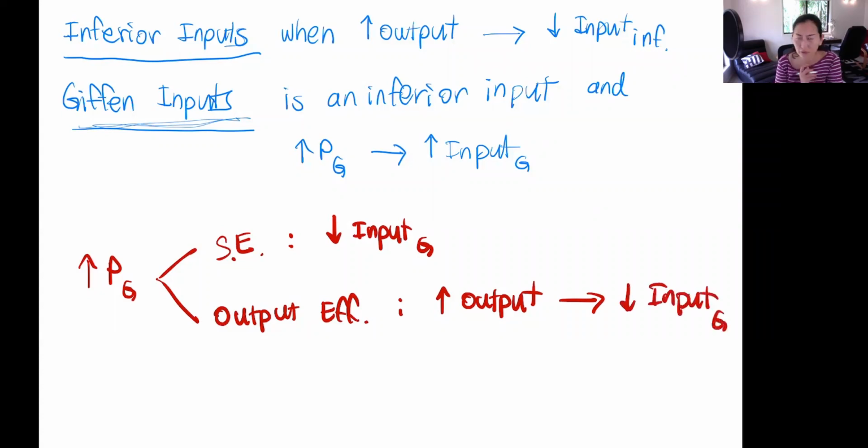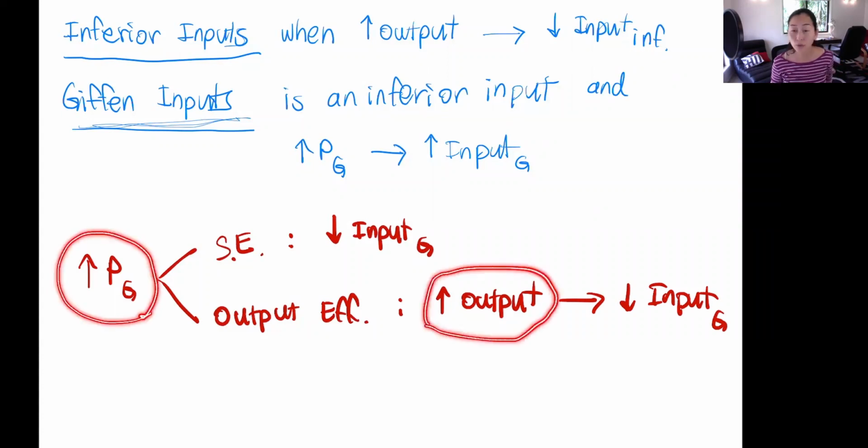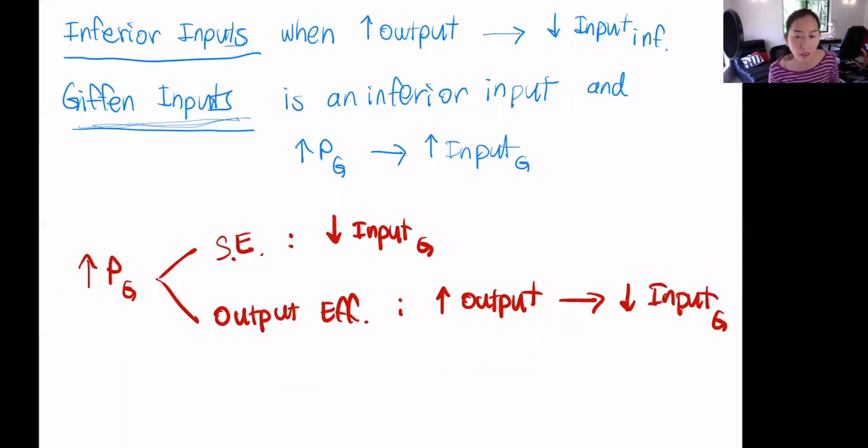And then you might be questioning, how come when the price of the given input increases, the producer would want to increase the output? How does the increase in the price of the given input lead to the increase in the output? You can think about this.